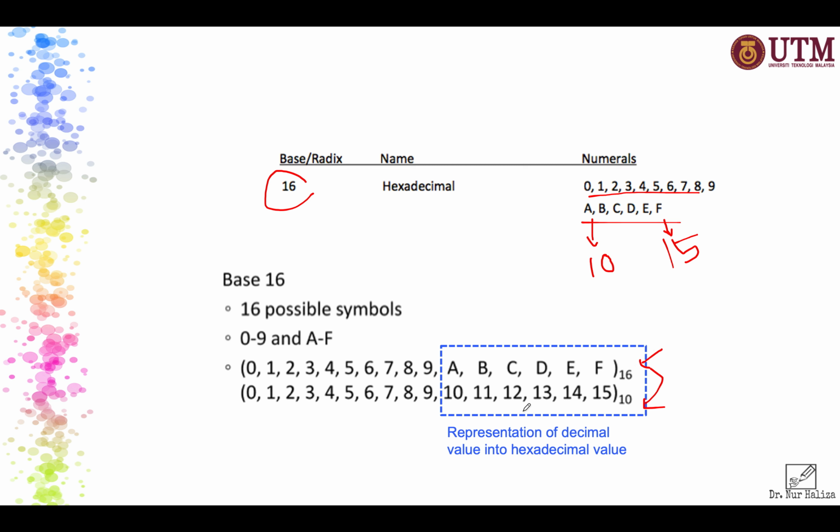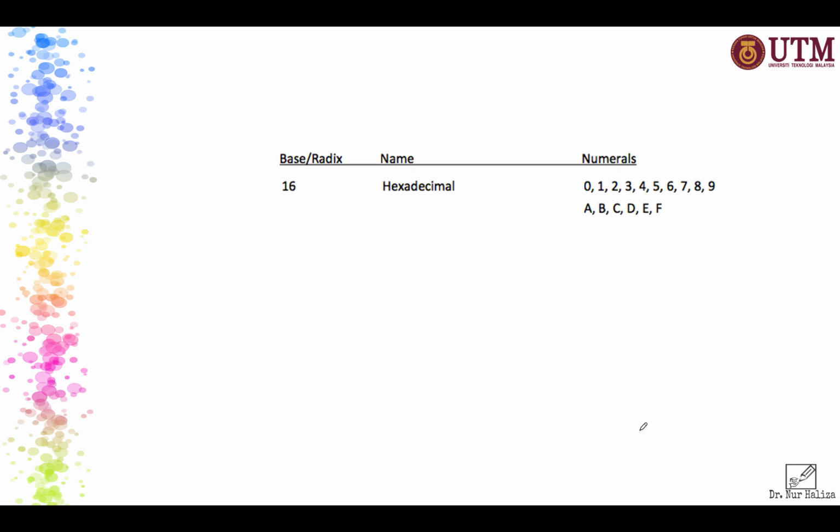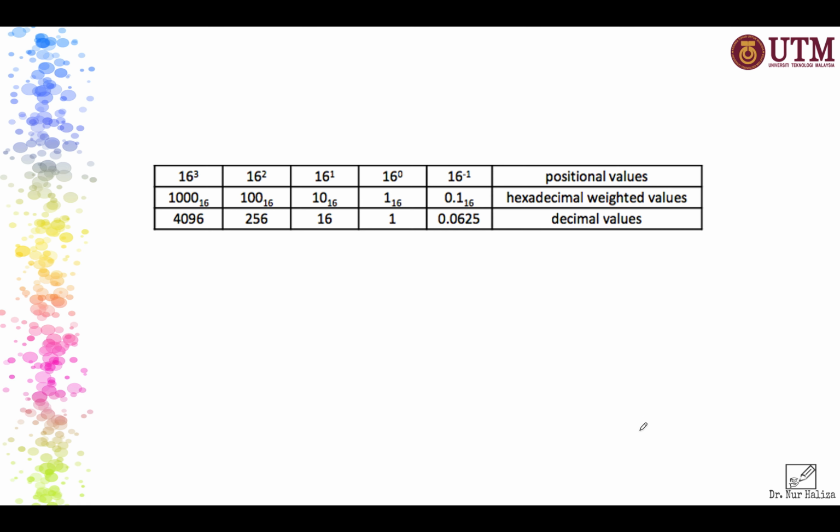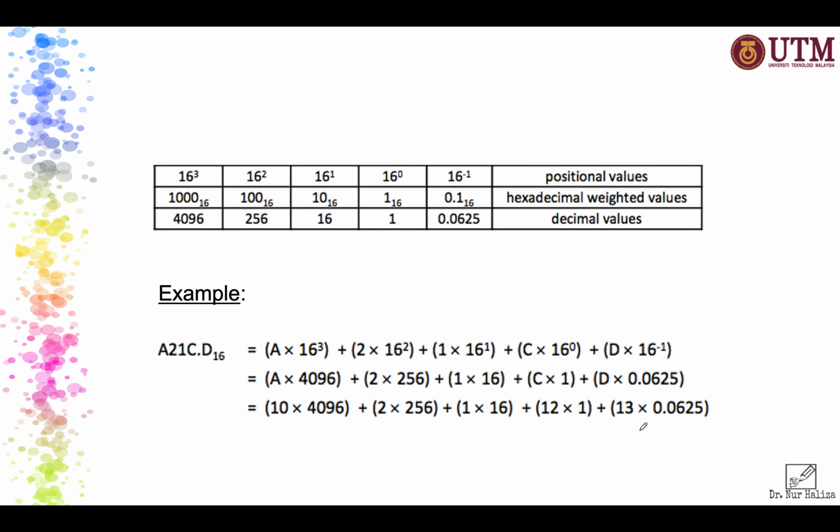This is the important part, which is the representation of decimal values in hexadecimal values. Over here you have a table similar to decimals and binary; for hexadecimal we also have the table, of course. It is 16 to the power of -1 for the right, then 16 to the power of -2, and so on. The same goes for the left side.